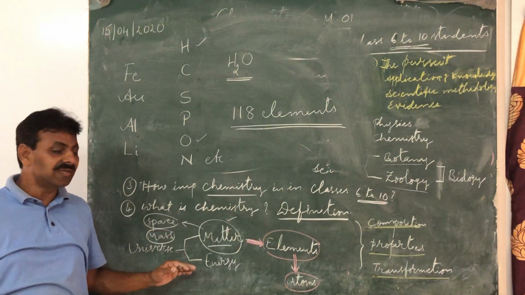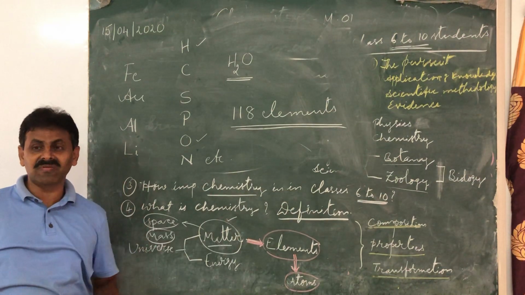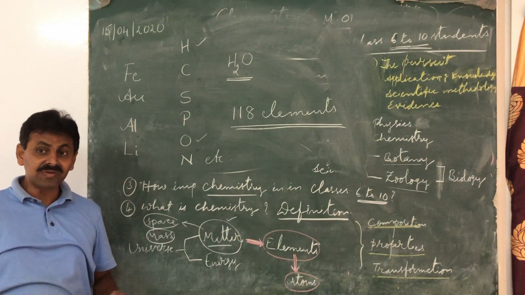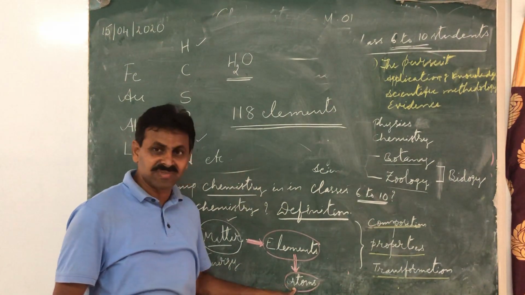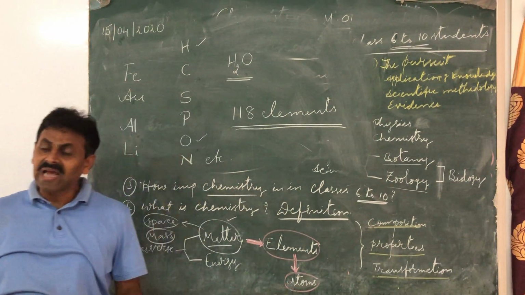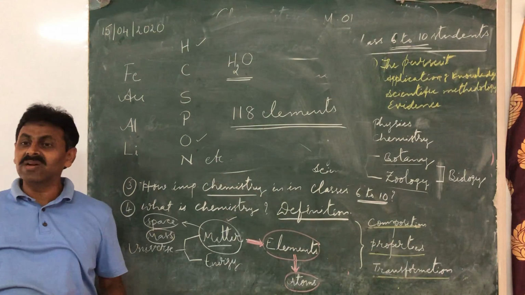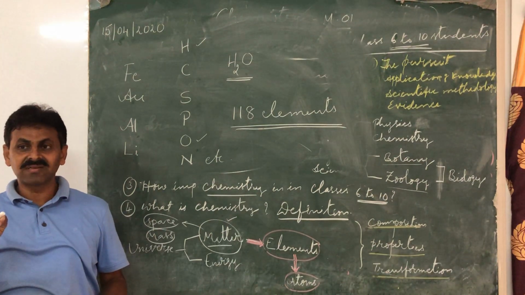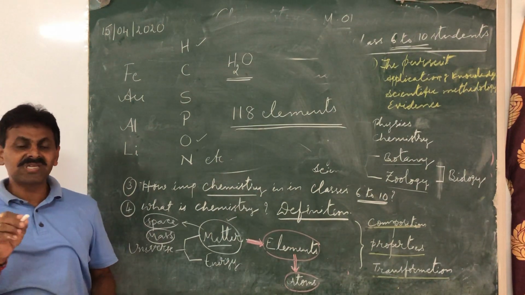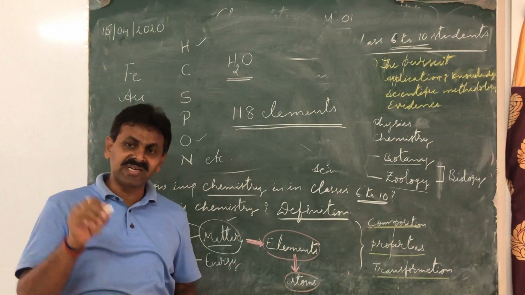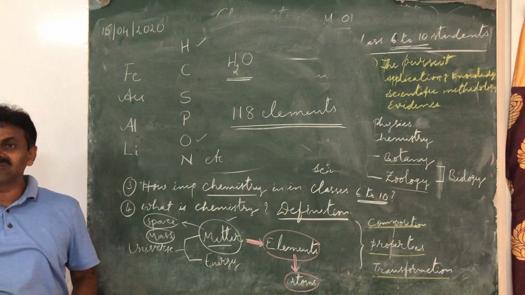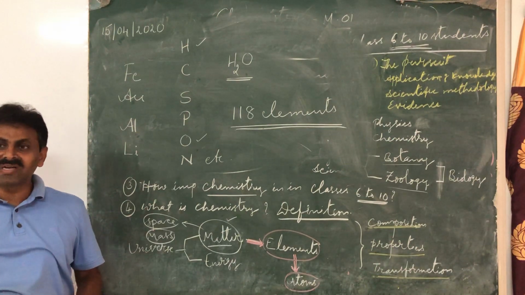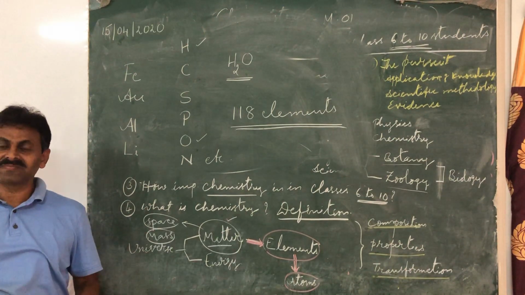At times you need to use your imagination power. Like for example, when you talk about atoms, I'll say that an atom consists of a centrally located nucleus having positively charged protons and neutrons in it, surrounded by negatively charged electrons revolving around it continuously.